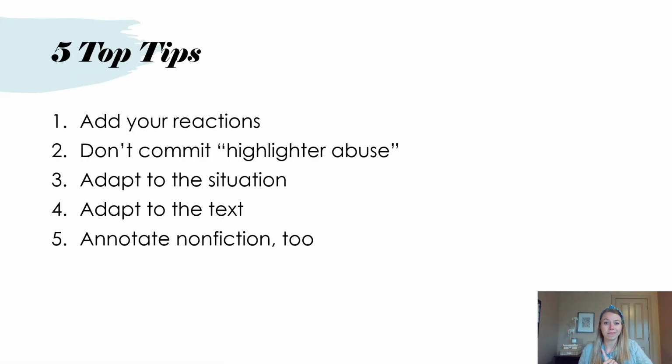Number 1, add your reactions. We as readers, we talked about this being an active process. Well, that means that you're going to be reacting to the text. So go ahead and write that in your annotations. Those are awesome notes to have. If it makes you feel a certain emotion, it makes you feel frustrated at a character, go ahead and write it.